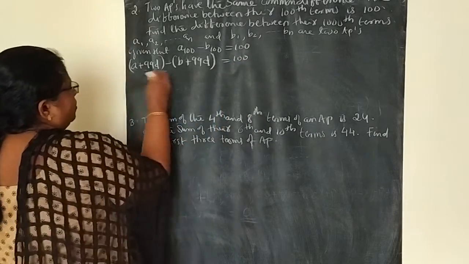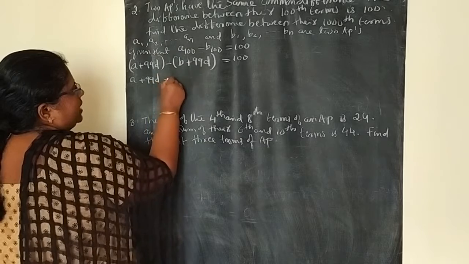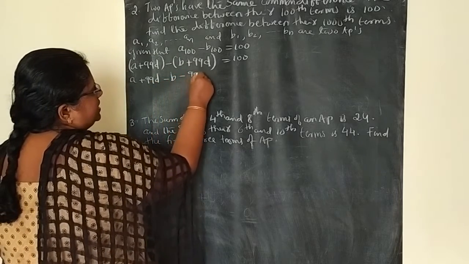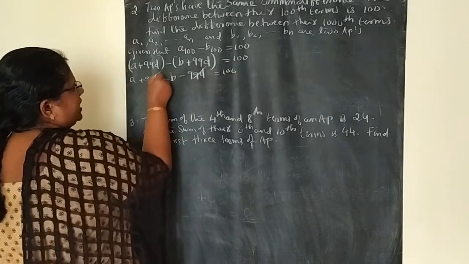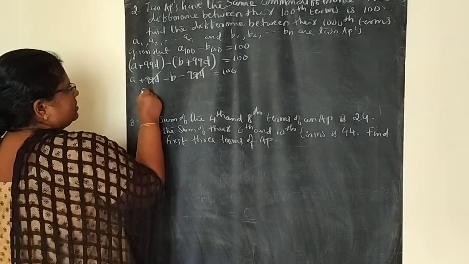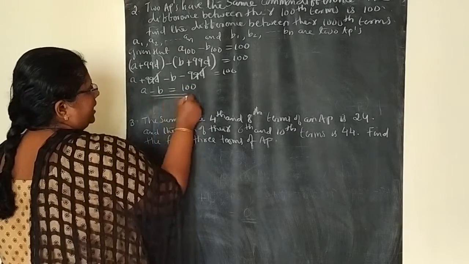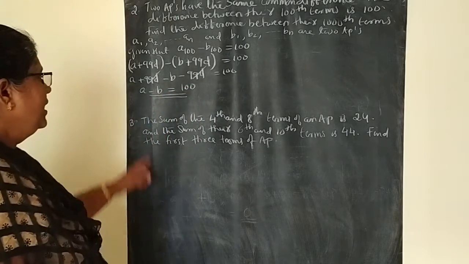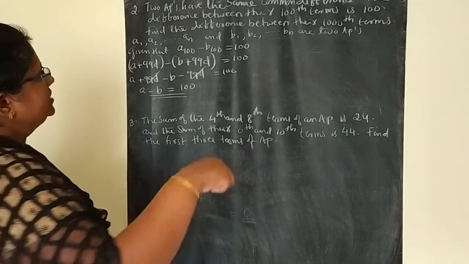So it is equal to 100. Now open bracket, A plus 99d, minus, B minus 99d, equal to 100. This we can cancel. So what is remaining? A minus B is equal to 100. Now what is the question?